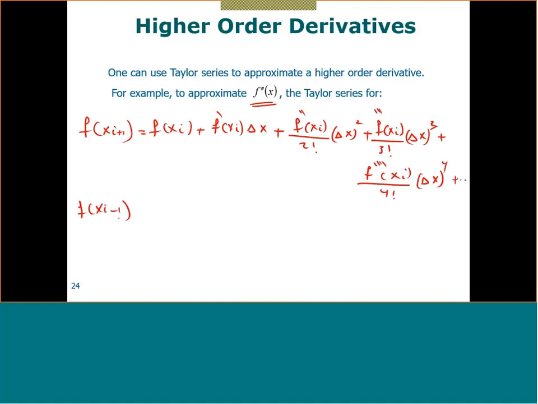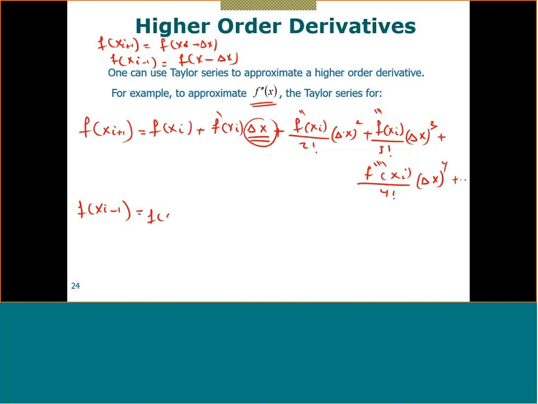The only thing that we need to do, because we know that f of x_{i+1} is equal to f of x plus delta x, and f of x_{i-1} will be f of x minus delta x. So the only thing I need to do here is to replace delta x with minus delta x, nothing else. Everything will be the same except the delta x's, which I will change to minus delta x.